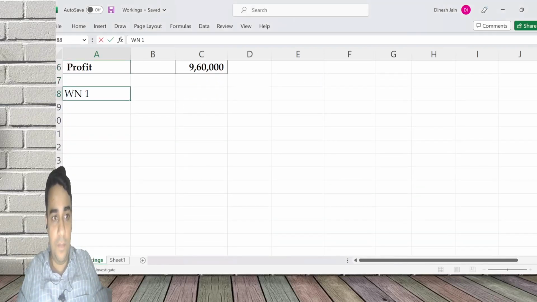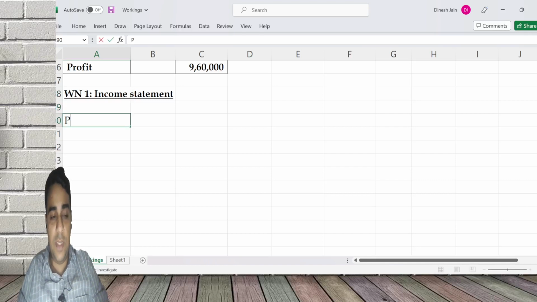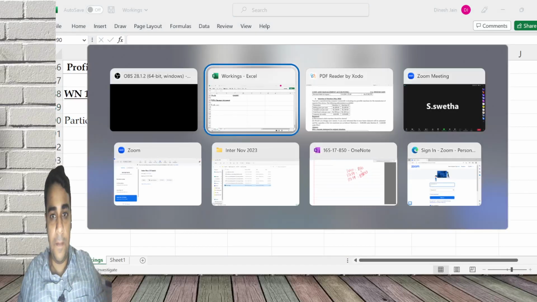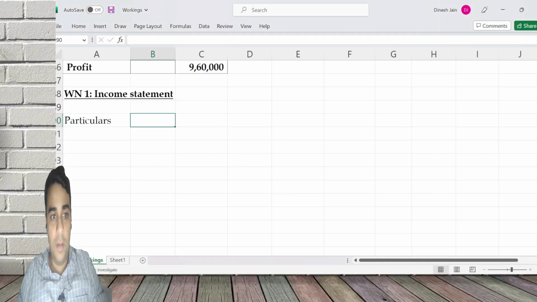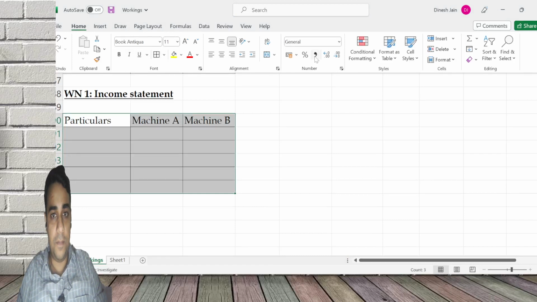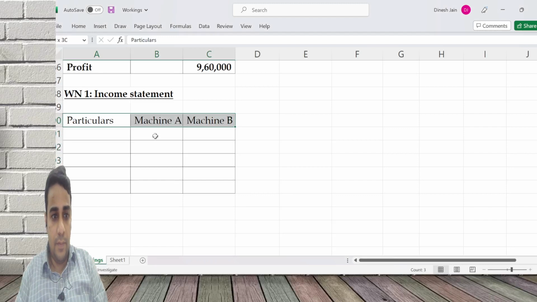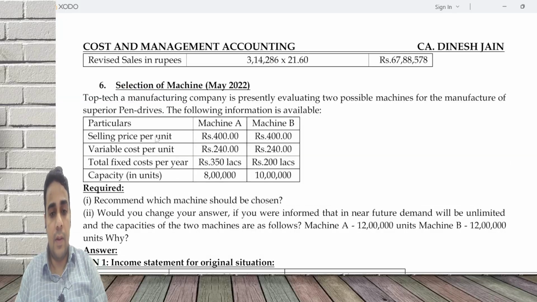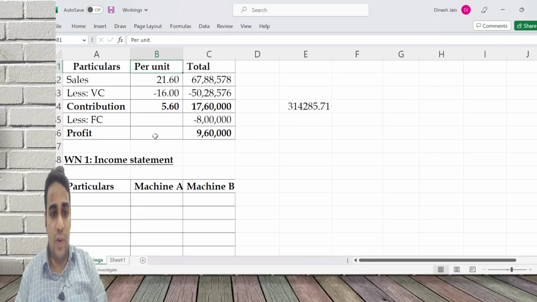Working note one, income statement. Particulars, Machine A, Machine B. Oh, sorry, just one thing, you'll have to do per unit and total.